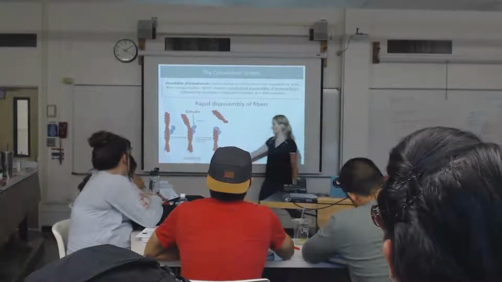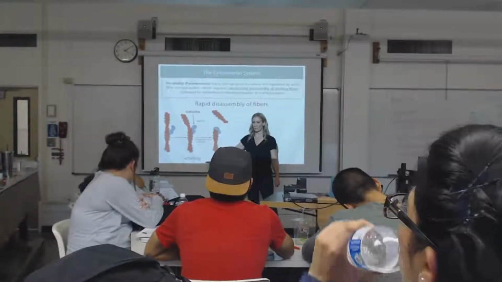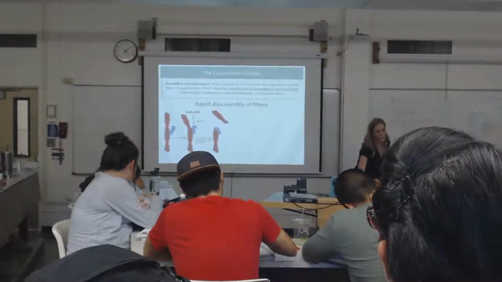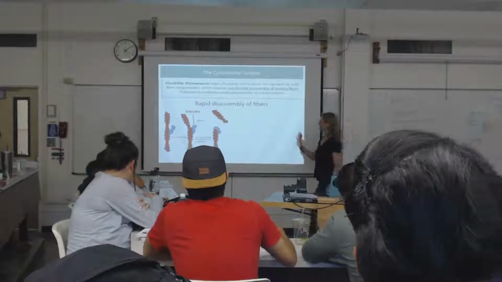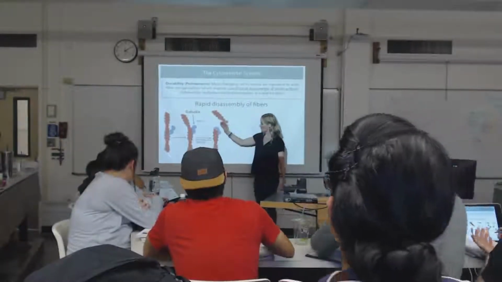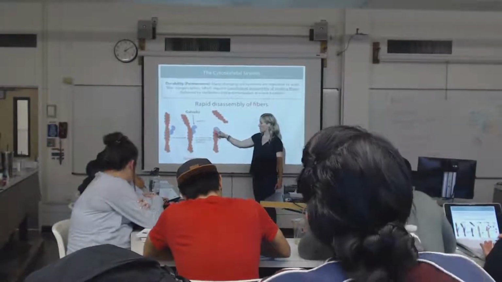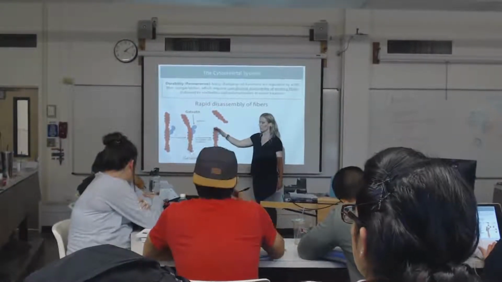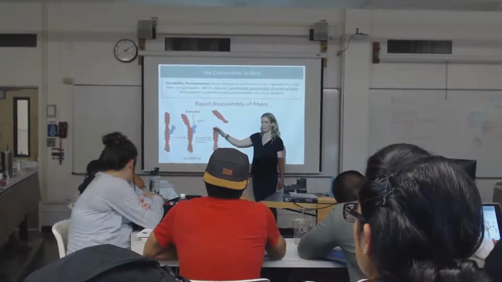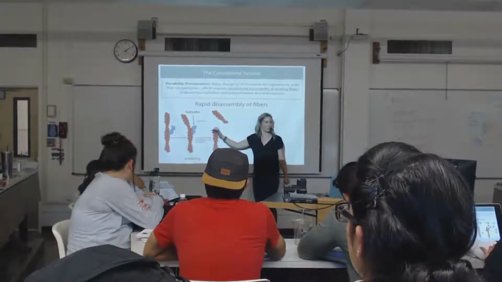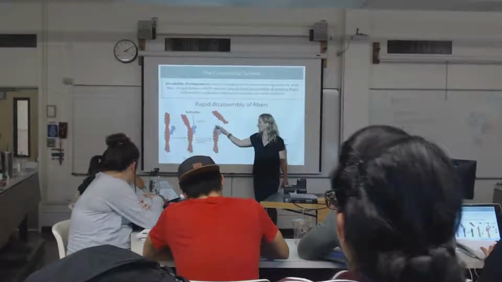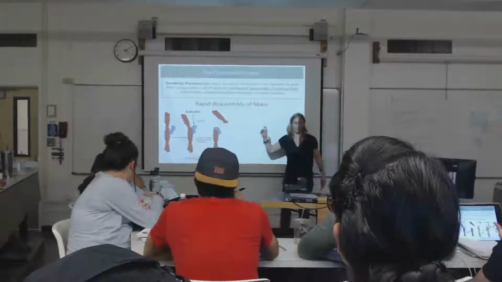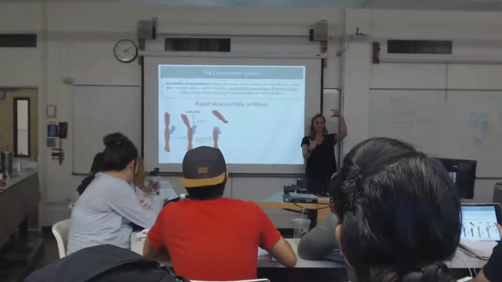Gelsolin is known as a severing protein, and it has this cool feature where it will sever and then cap at the plus end. If you're trying to break it down, why would capping be important? You don't want it to grow at all anymore. So you cut it and then cap that plus end, like, you cannot grow anymore.